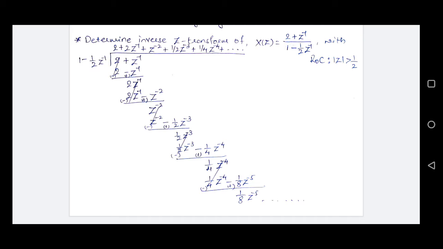By doing this, we can get either an infinite series or a finite series. And for this example, the series that we obtained is 2 plus 2Z inverse plus Z to the power minus 2 plus half multiplied by z to the power minus 3 plus 1 by 4 multiplied by z to the power minus 4, and this continues.